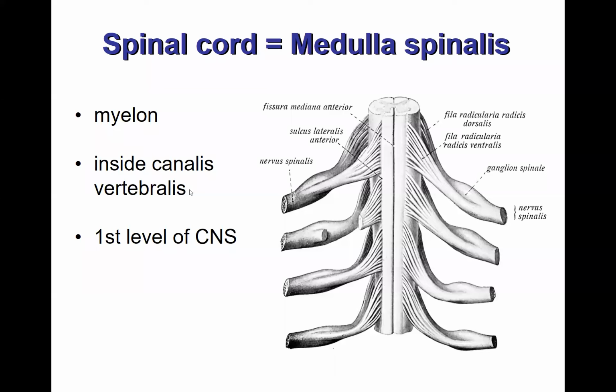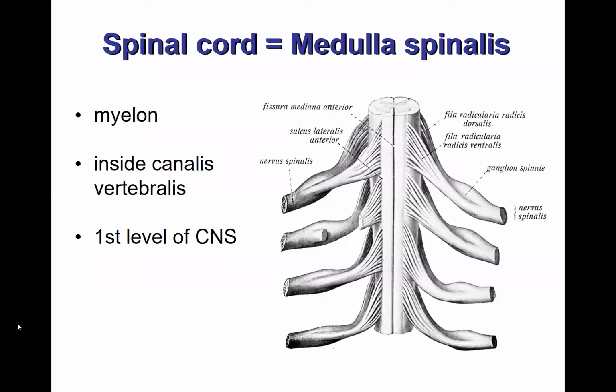Yeah, and it's located inside vertebral canal, and this is the external shape, and we will follow a general scheme to describe the external features. Then we go to describe the internal features, the nuclei, that means the gray matter, and then the white matter, the tracts, and then some specialties.